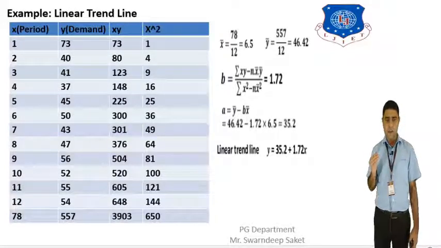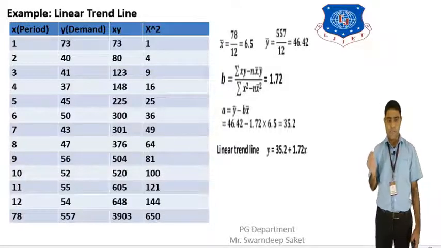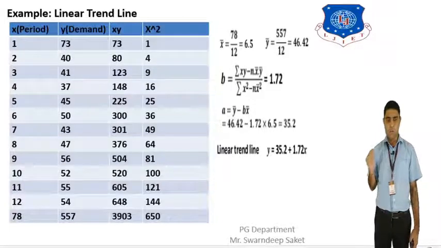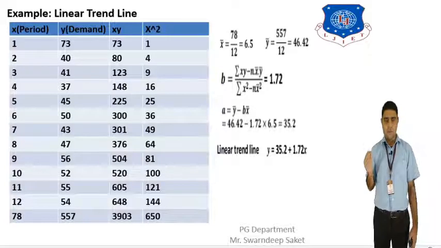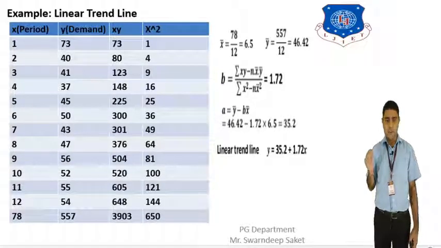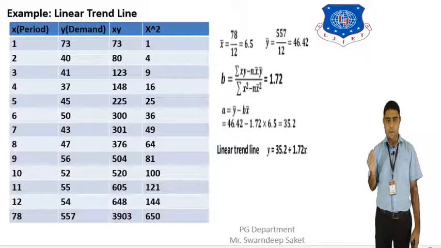For x = 2, y is 40, so xy is 80 and x squared is 4. For x = 3, y is 41, so xy is 123 and x squared is 9. For x = 4, y is 37, and 37 times 4 is 148, and x squared is 16.